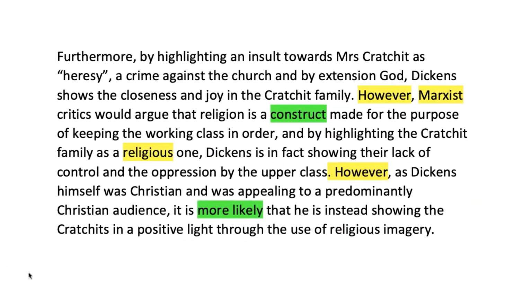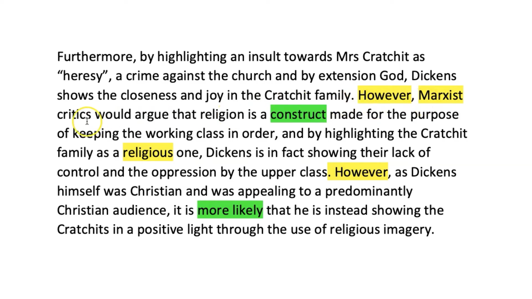We'll do the same with the next paragraph. Furthermore, by highlighting an insult towards Mrs. Cratchit as heresy, a crime against the church and by extension God, Dickens shows the closeness and joy of the Cratchit family.